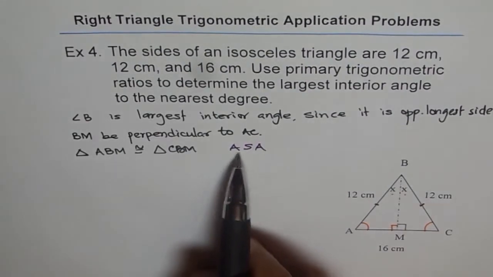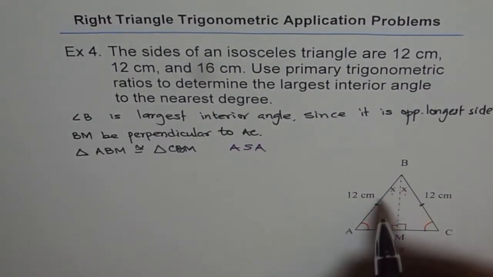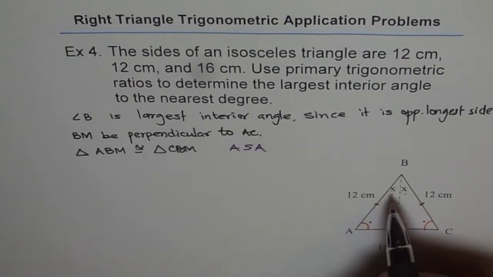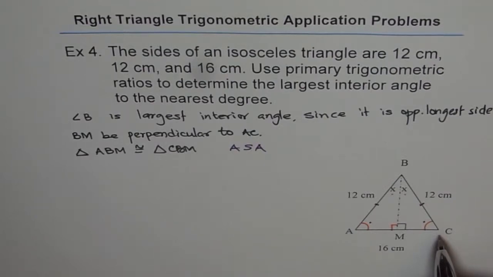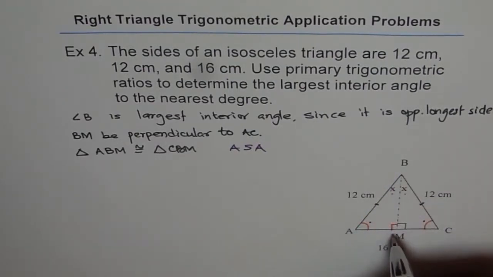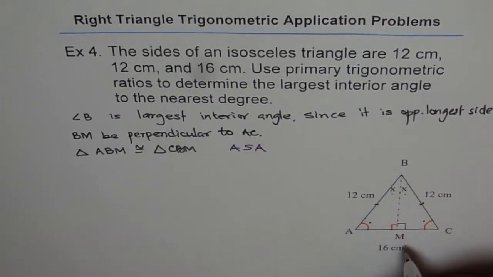ASA means angle, side, angle. So which angles are we considering? These angles are congruent, correct? Because they are opposite the equal sides in an isosceles triangle. Then side AB and side BC are congruent, correct? And angle ABM and angle MBC are also congruent.